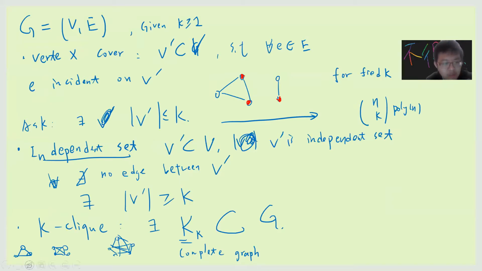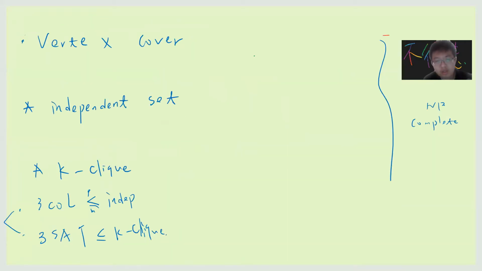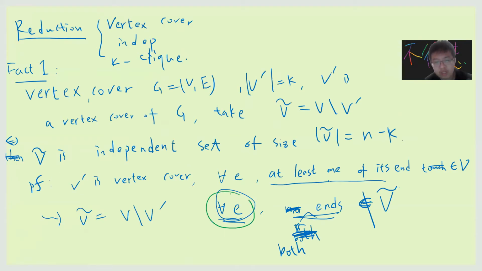Probably it's not easy to see, but let's do this example. If I take a complement, then I take this screen, and there are no edges between them. Very simple, because now for each edge you at least touch one endpoint of it, so if you take the complement, there should be no edges between them. This just tells you that for every edge, both ends do not belong to V tilde, that no edges lie within V tilde.